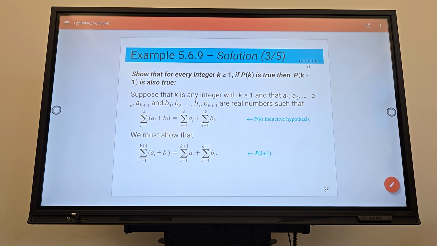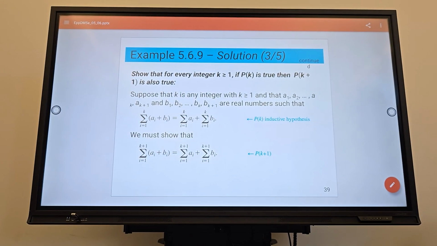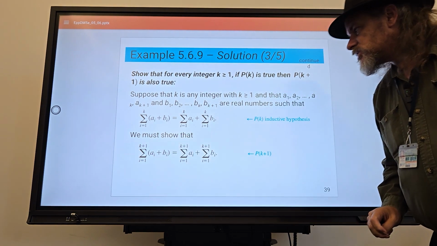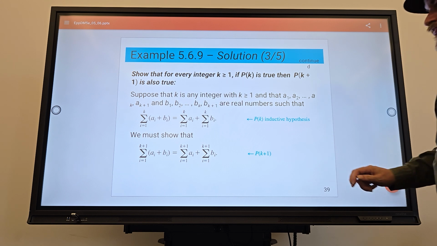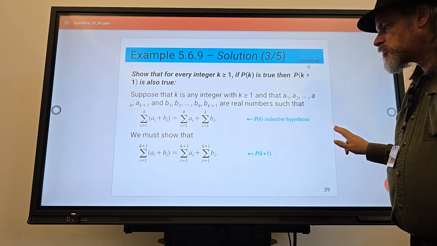Suppose that k is any integer with k greater than or equal to 1, and that the sequences are real numbers such that this inductive hypothesis holds, and we show that P_(k+1) is also true for the summations.